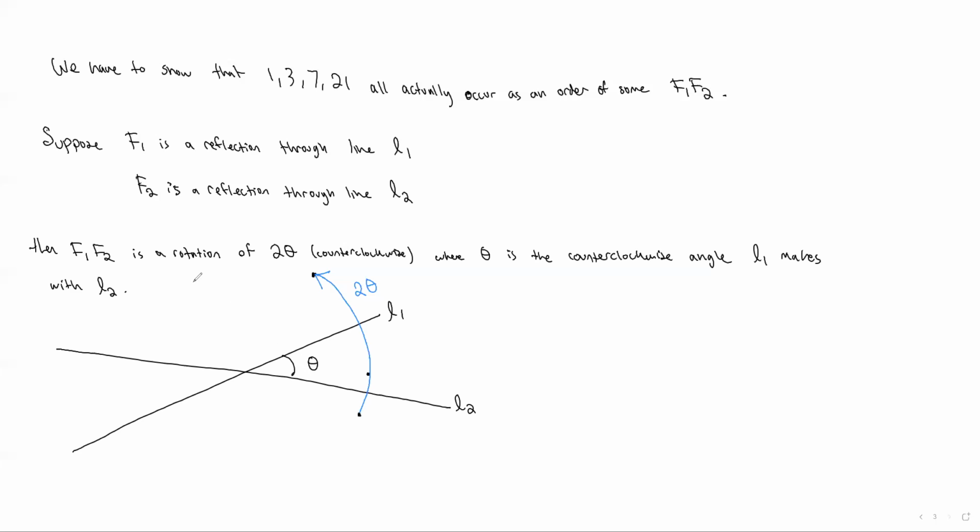Counterclockwise angle, so make sure you remember the convention. If you draw this picture, it'll be clear. That's how I remembered it. I don't remember it by default, but I imagined the situation and realized that since I'm first reflecting through L2, then L1, it should be the angle L1 makes with L2, like this. Okay, so that's the angle.